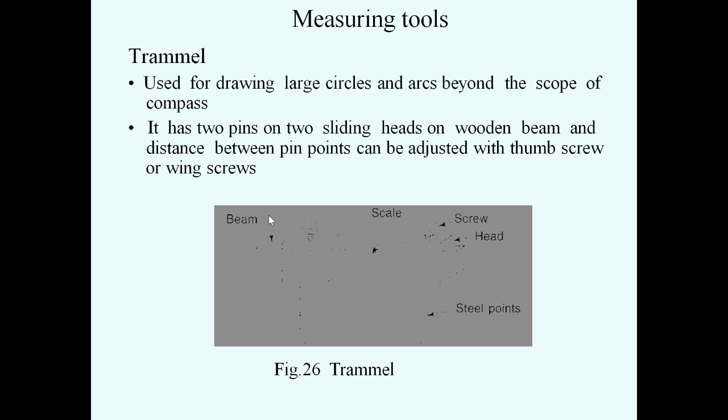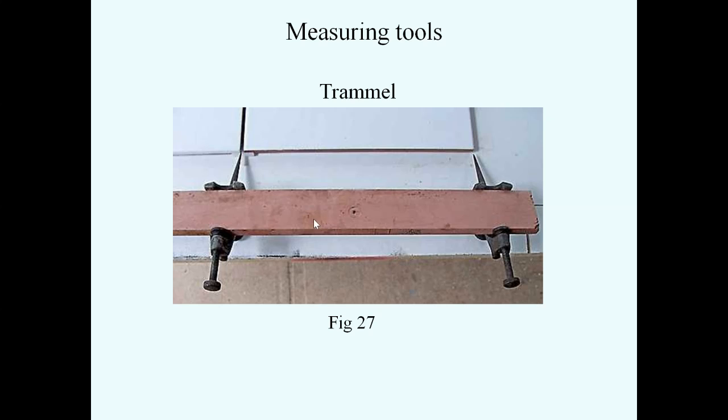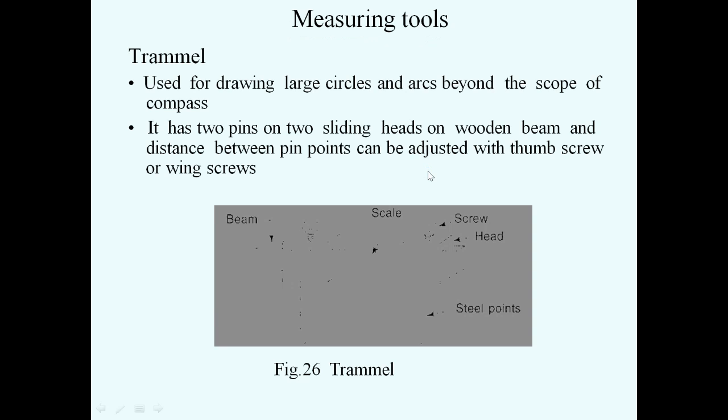It has two pins on two sliding heads. You can see here, these are the sliding heads. It has two screw pins. This is a screw pin and this is also a screw pin. It has two pins on two sliding heads on a wooden beam.